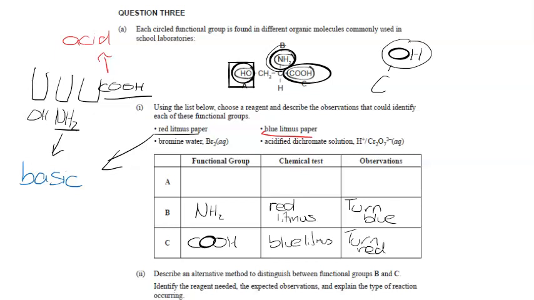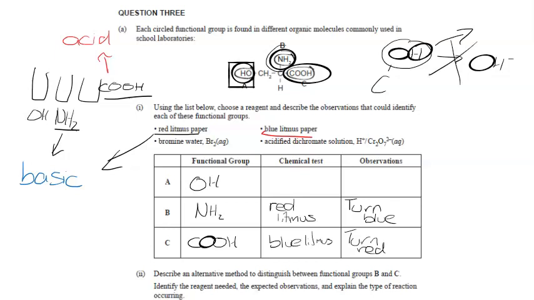This does not break away from the rest of the molecule and become hydroxide. So an alcohol is not a base, and it's not an acid either. The hydrogen doesn't break off like that. So alcohols will be neutral, so we need to use a different test, either the bromine water or the acidified dichromate solution, to be able to identify this.